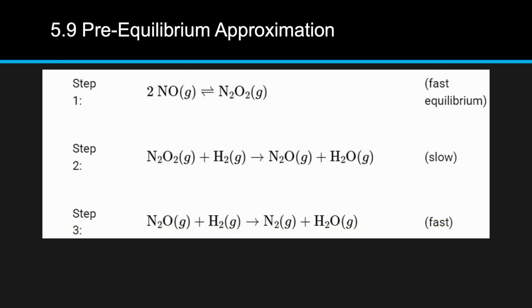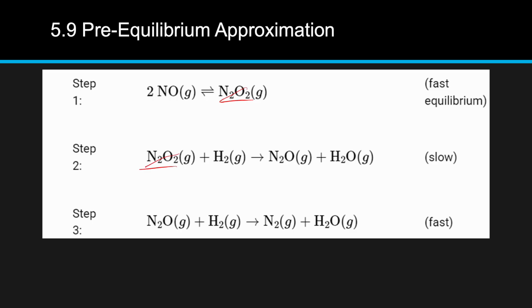So here's another example of the ones that we have been doing in class. So we see that our slow reaction is step number 2 in the mechanism, and we have N2O2, which is present as a product in step 1. You can also tell that N2O2 is not present in any other steps, so this is for sure an intermediate.